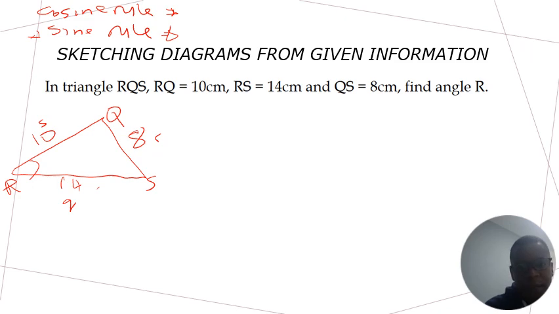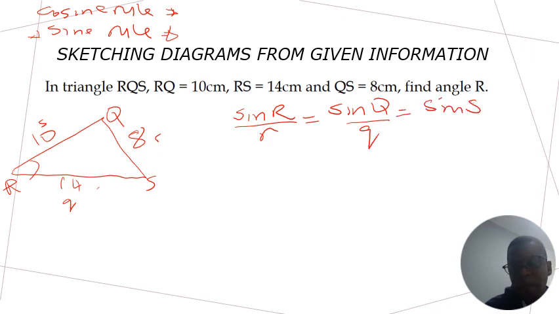In this case, for sine rule, you have sine R over small r should be equal to sine Q over small q should be equal to sine S over small s. Okay, so we know RQS zose zatipatsa kumano ma angle palibe mene adipatsa.